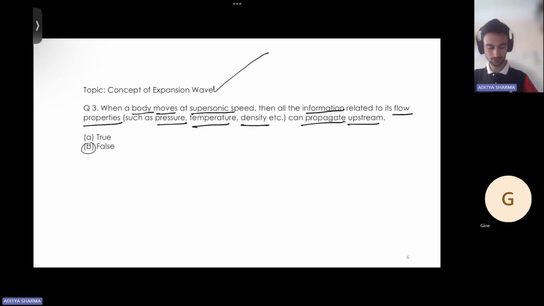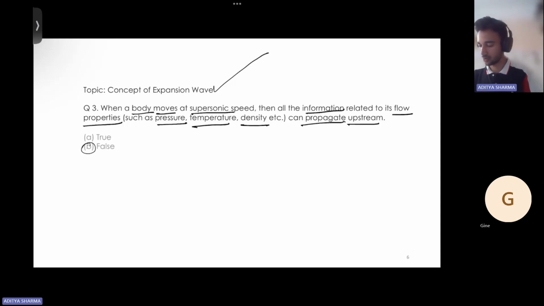So we should be able to visualize this. So the flow is supersonic, first of all. Then all the information related to its flow properties, can they propagate?